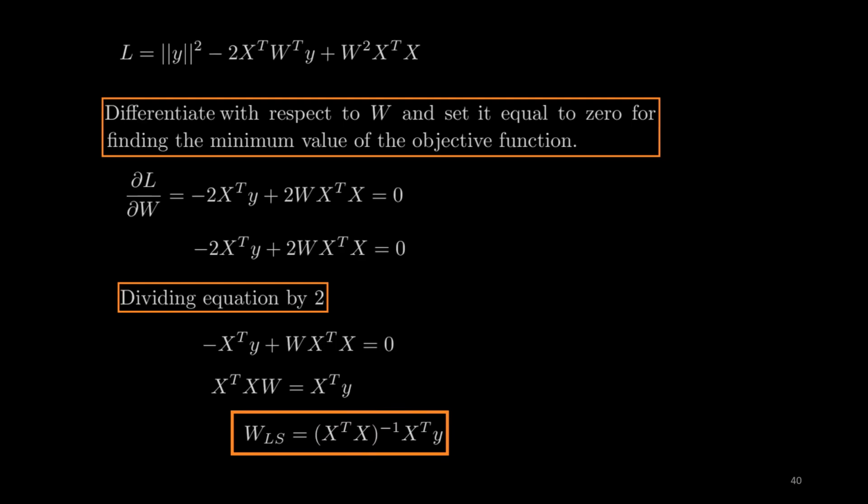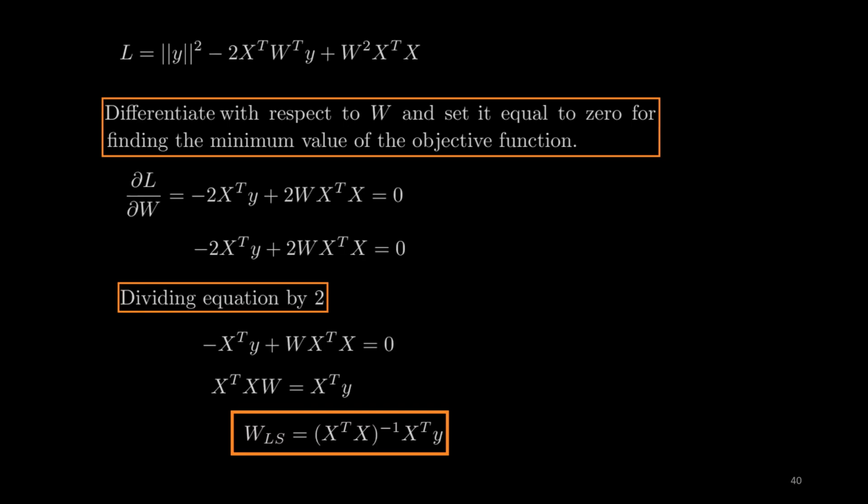So in this lecture, we learned how we use the least square method in order to reduce the value of the cost function. We want to reduce the value of the cost function because we want to reduce the error. We want to reduce the error because we want to get the maximum or optimal performance from the regression model. Since a regression model is a machine learning model, the performance of the regression model will be improved if we adjust the weight values and the bias values of the model.